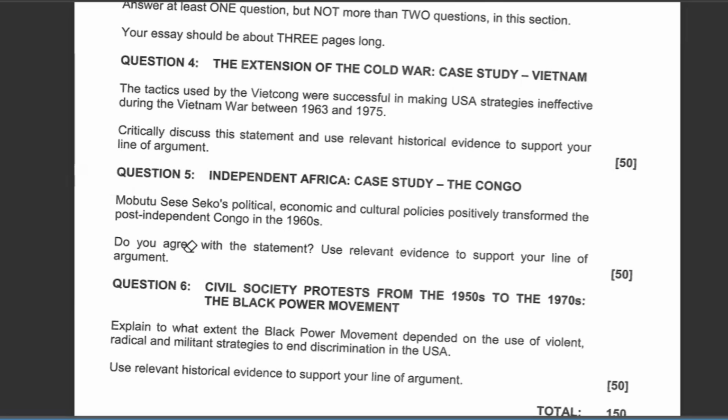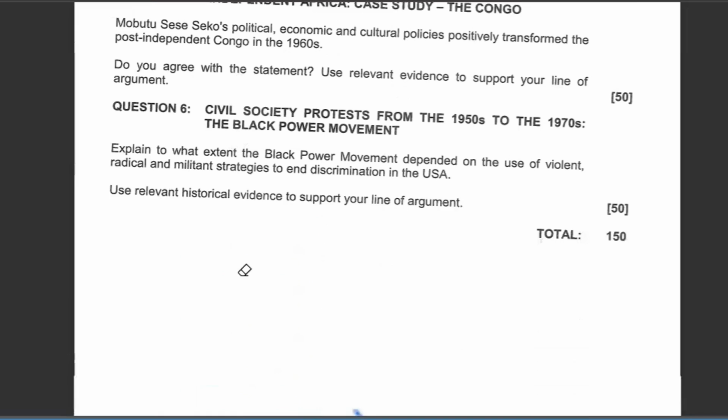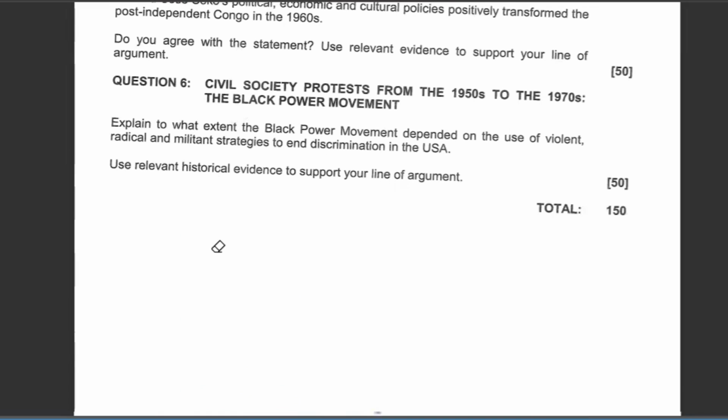Then I've got the background information. I don't need to spend much on it because much of it is a familiar background. What you need to note is the history of Congo. Congo was under the colonial rule of Belgium, under King Leopold. It was a former colony of a European master, which is Belgium.